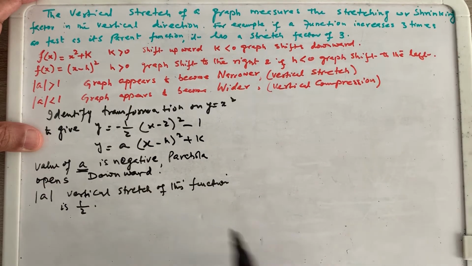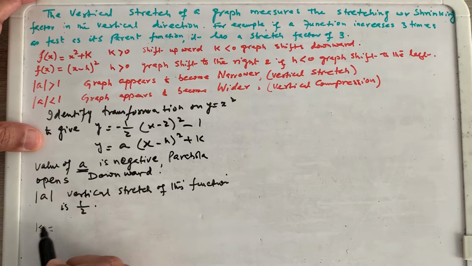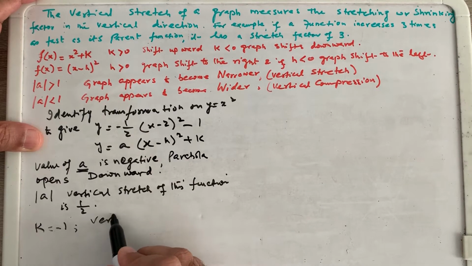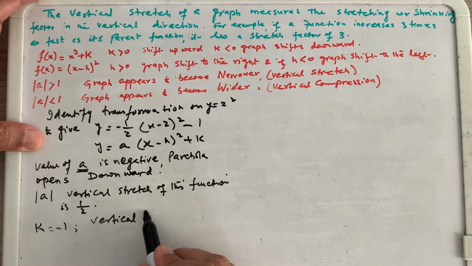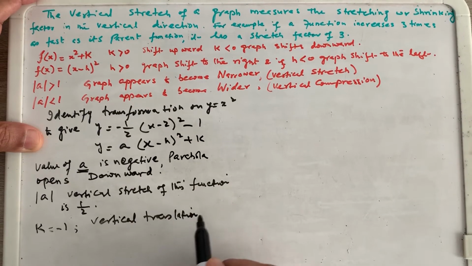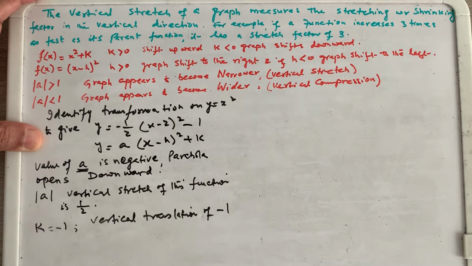And then we see, is there any value of k? Yes, we can see that k is equal to minus 1. And that indicates there is a vertical translation. K indicates what? Vertical translation of minus 1. And then there is an h value. H is the horizontal translation.